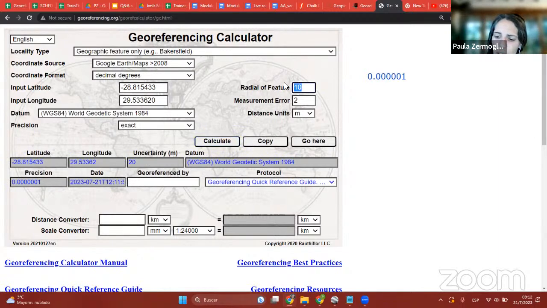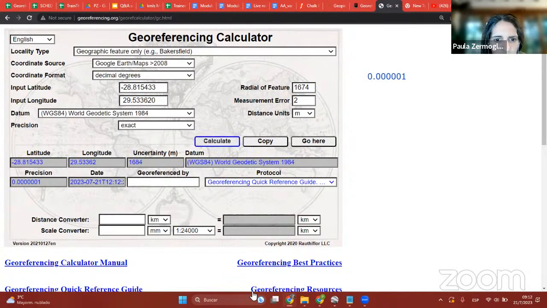If the radial was much bigger, say 6.5 kilometers, we would have uncertainties that are much larger. So the radial is what's contributing the most to this uncertainty.